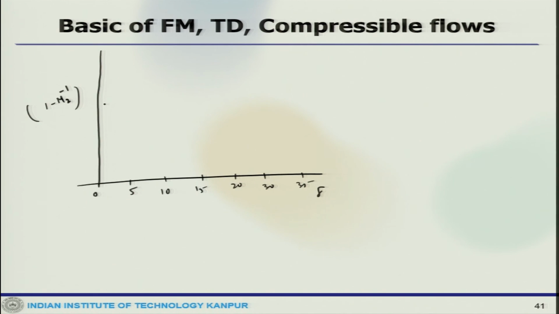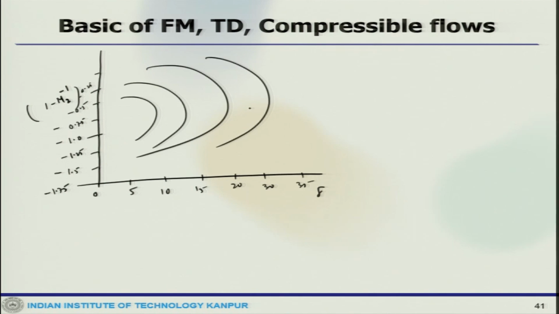So, this goes from minus 1.75, 1.5, 1.25, 1.75, 0.5, 0.25 like that. Qualitatively you get curves like this. Again, this direction is increasing M1.